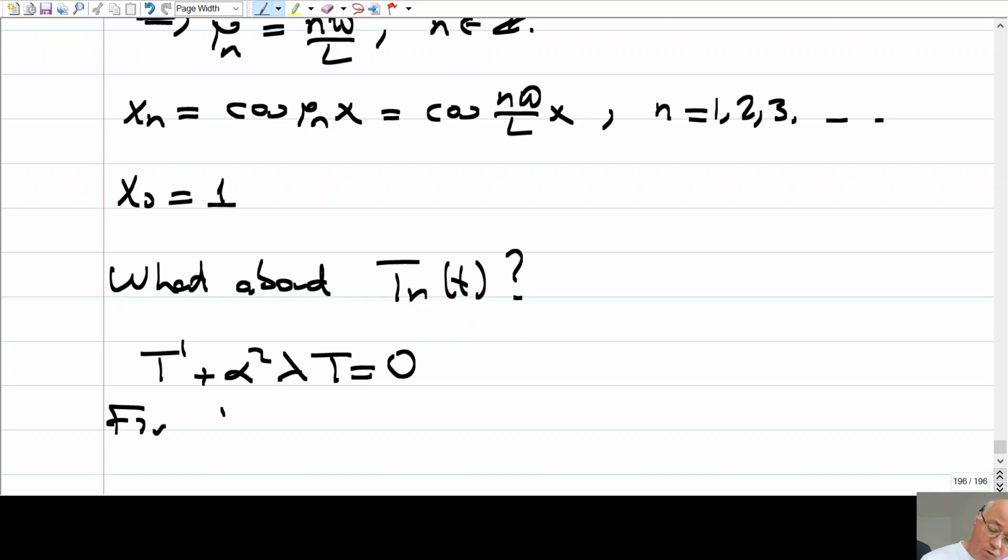For negative lambda there were no X, therefore we don't have to look for T because there should be a corresponding X function.